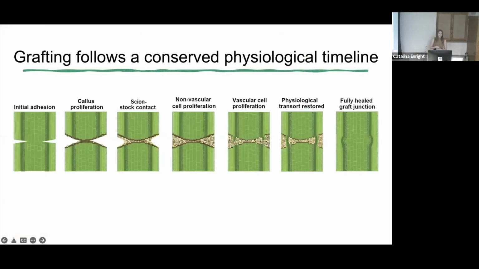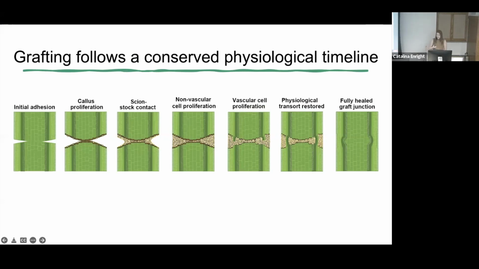During grafting, whether it's a woody plant or an herbaceous plant, it's going to follow a conserved timeline of physiological processes. This first starts with the initial adhesion. This is when the scion and the stalk touch each other, and there's a secretion of different sticky substances, pectins and polysaccharides, that help the plants adhere to each other.